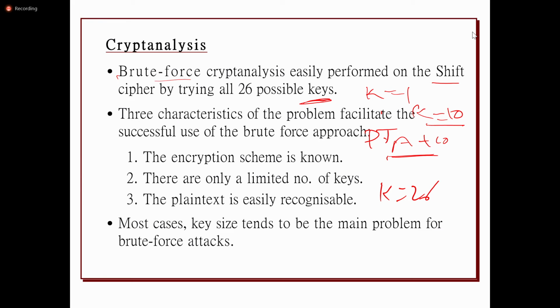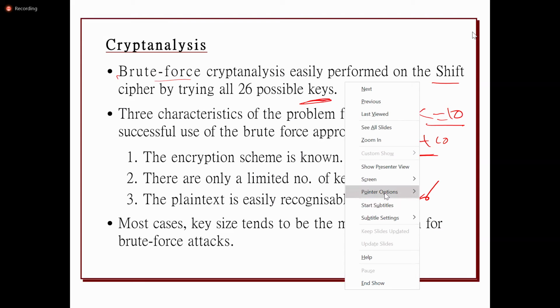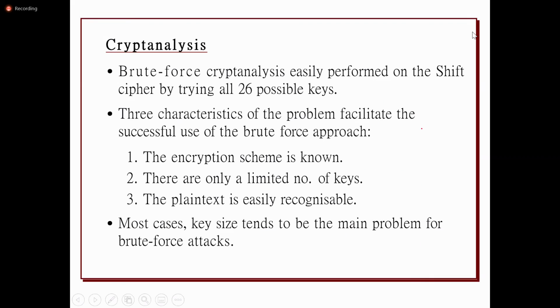So if we use shift cipher or Caesar cipher, it is very easy. But if we use a simple substitution technique, where the key space is 26 factorial, the brute force attack will not be practical.